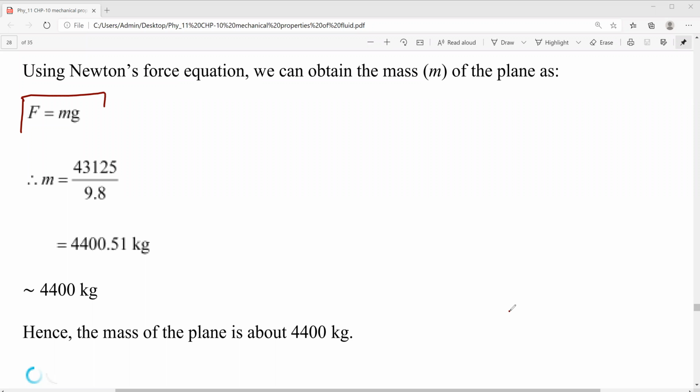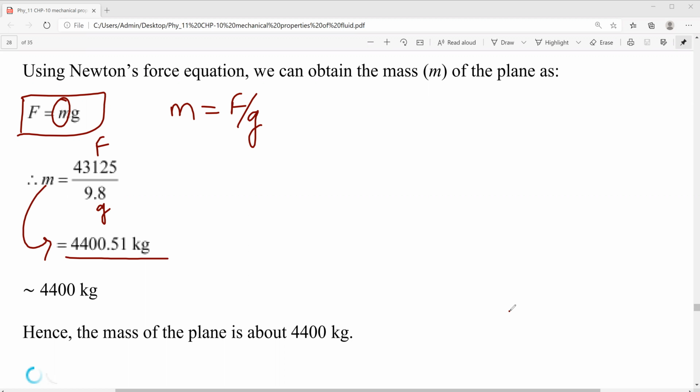Here we want to calculate M, therefore F divided by g. This is the value of F and this is the value of g. Therefore, mass we got is 4,400.51, that is almost equal to 4,400 kg. Therefore, mass of the plane is about 4,400 kg.